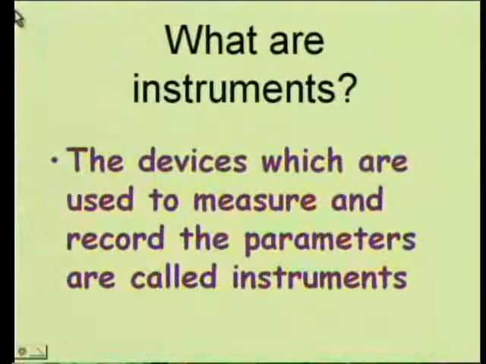For example, to measure today's temperature, say it might be 32 degrees. That is measuring. Then we have to record it. For recording as well as for measuring, we need these instruments.